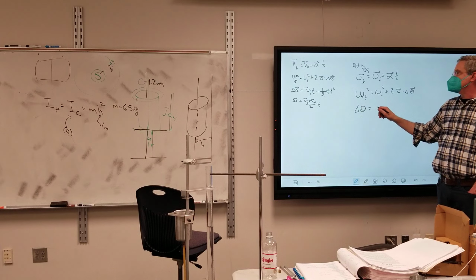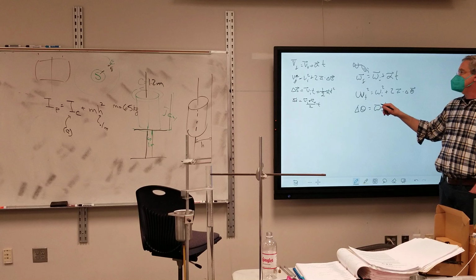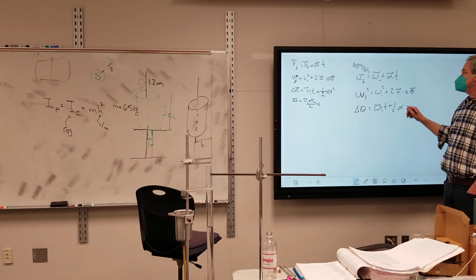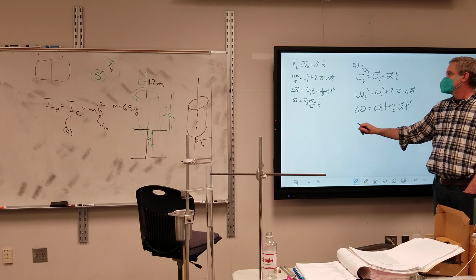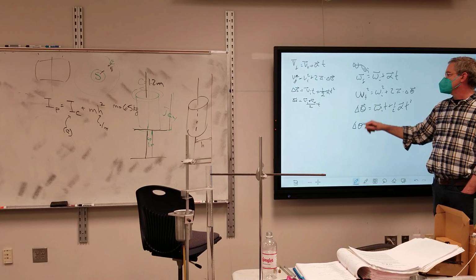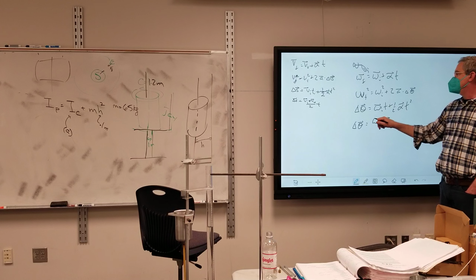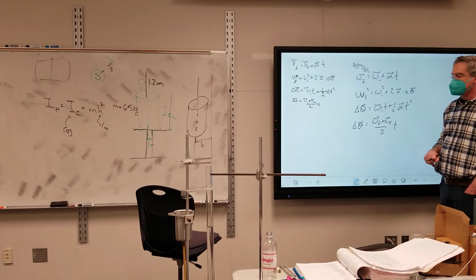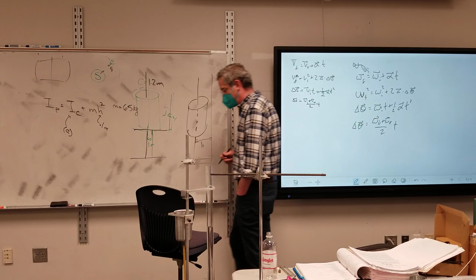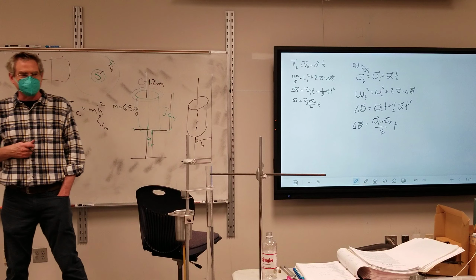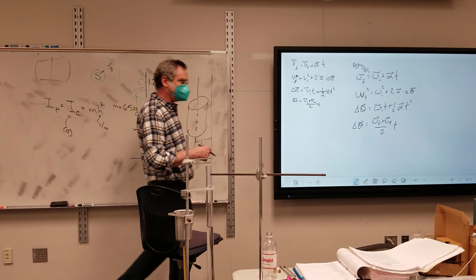Delta theta is equal to omega I T plus 1/2 alpha T squared. And delta theta is equal to omega I plus omega F over 2 times time. Time's the only thing that's the same for both, but for all the rest just put in the Greek letter.